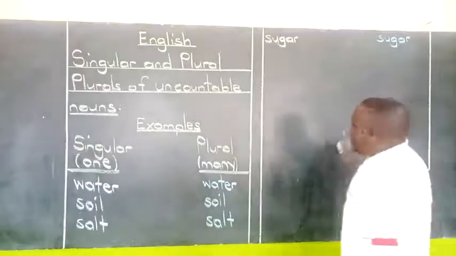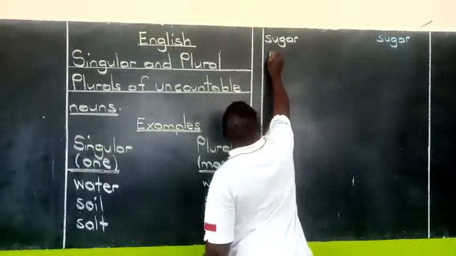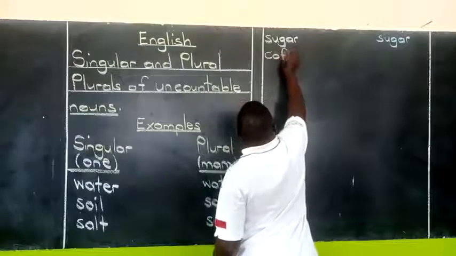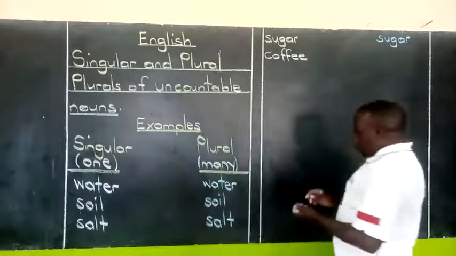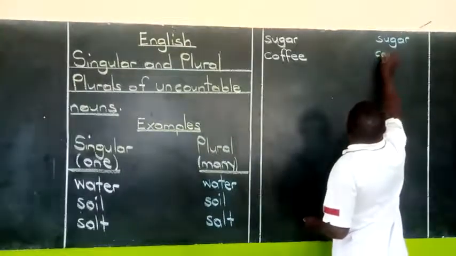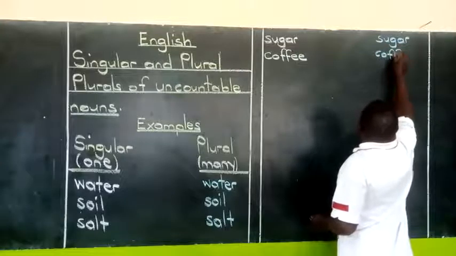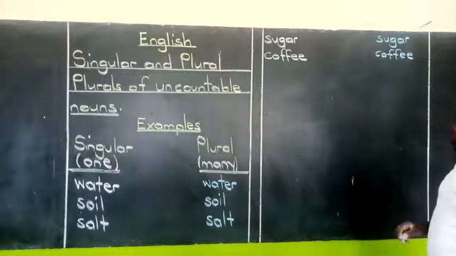We have coffee. All these ones can be measured. We have coffee. In plural, it remains coffee. You cannot say coffees. No, it remains coffee.